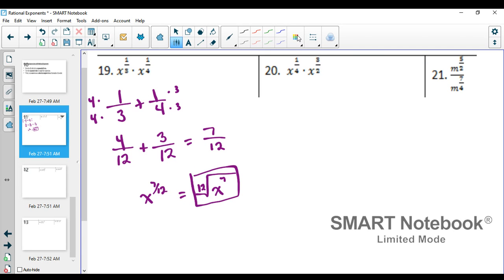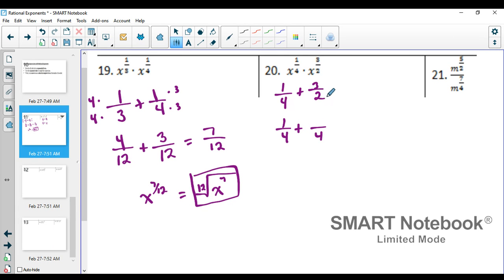All right, so for 20, we have x to the 1/4 times x to the 3/2. So once again, we're multiplying, so we add our exponents. So 1/4 plus 3/2. So our common denominator this time, luckily, is 4, so we only have to change this second fraction. So we have 1/4.